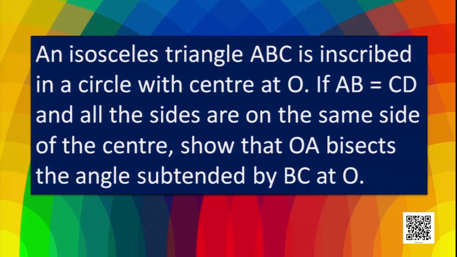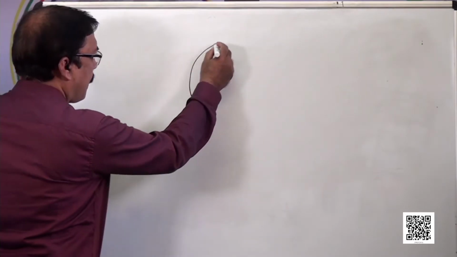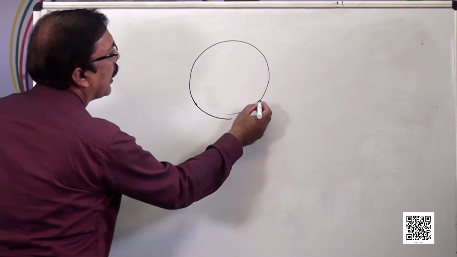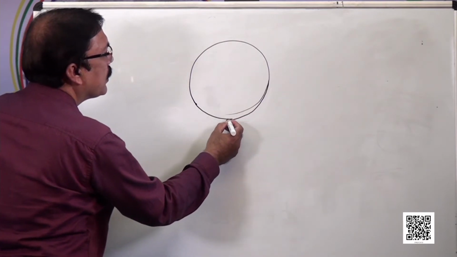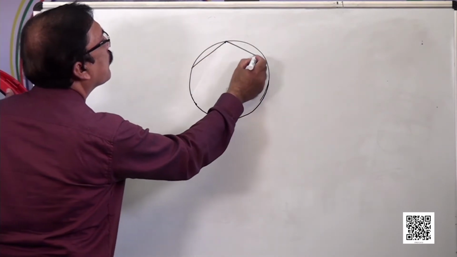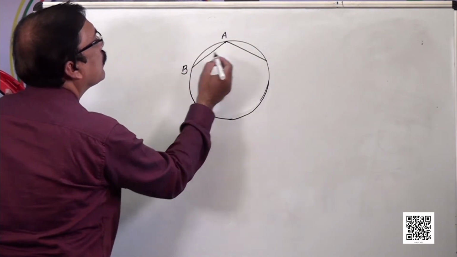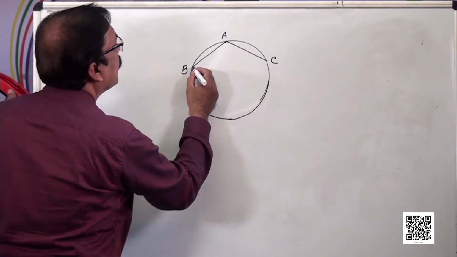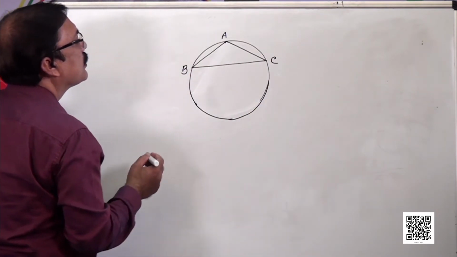An isosceles triangle ABC is inscribed in a circle with center at O. If AB is equal to AC and all the sides are on the same side of the center, show that OA bisects the angle subtended by BC at O. So let's draw a circle, and the triangle is inscribed in it such that AB and AC are equal, and BC is the third side.